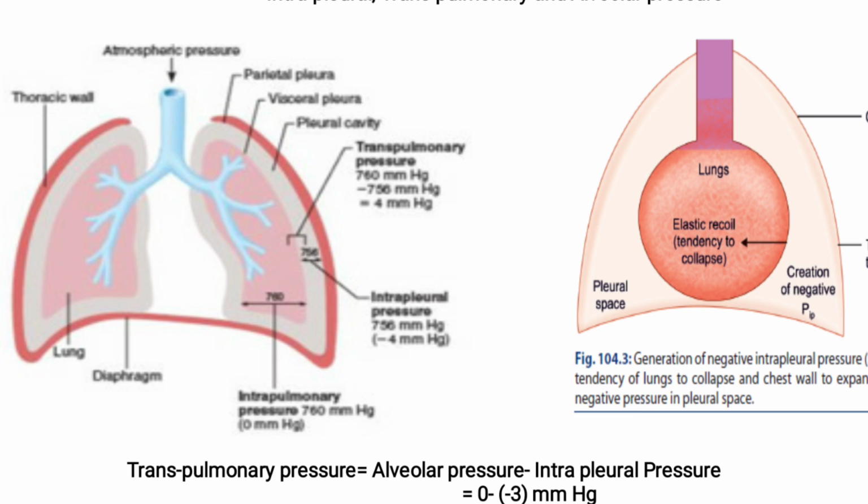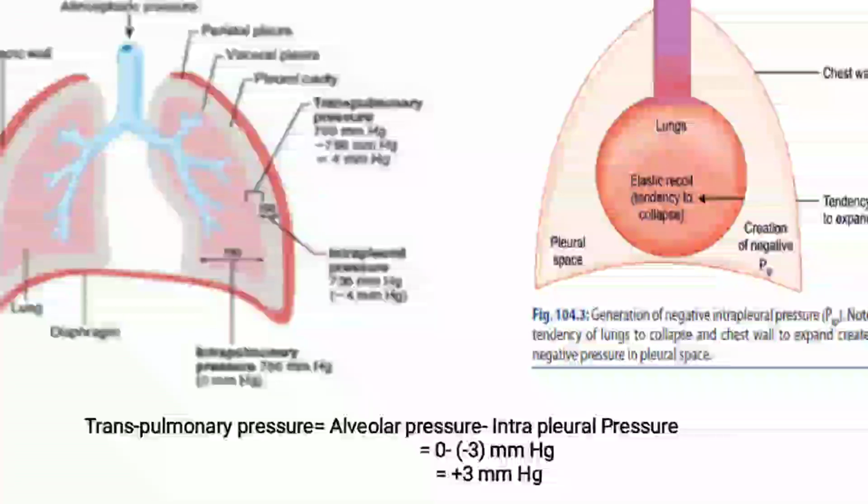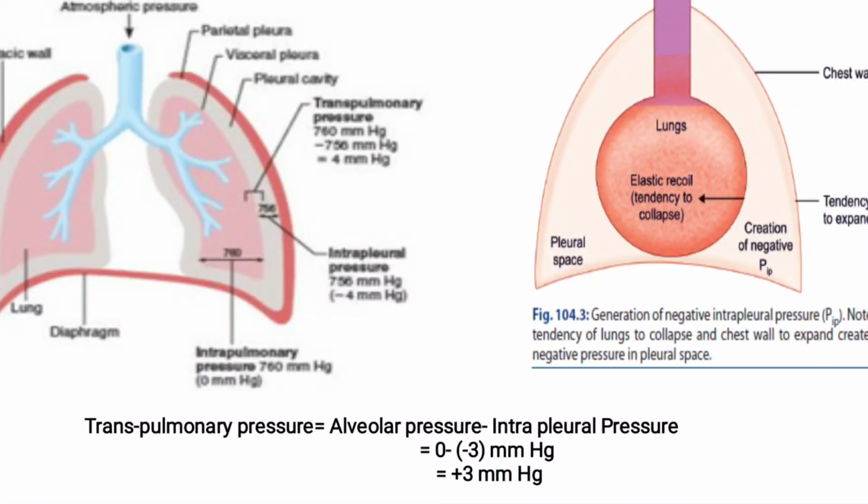Now what about the transpulmonary pressure? The intra-alveolar pressure is the pressure inside the lung; the alveoli are inside the lung. The intrapleural pressure is outside the lung. The transpulmonary pressure is the pressure difference between inside and outside the lung.